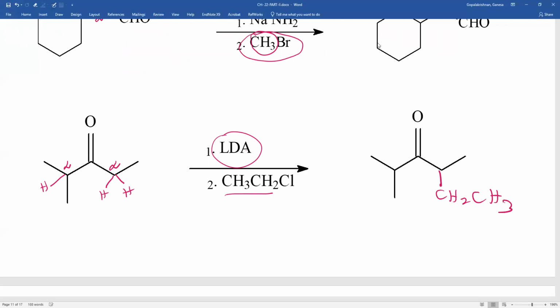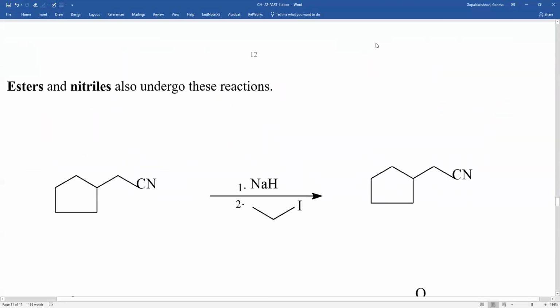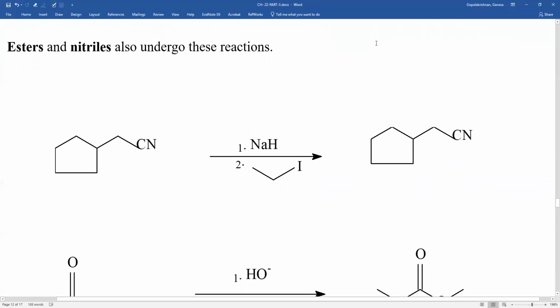When you write the alkyl group, be careful. This is an alpha carbon in the alkyl halide. You kick the halogen out, and you connect the alpha carbon to that carbon. This reaction is possible in esters and nitriles too. This is a nitrile.